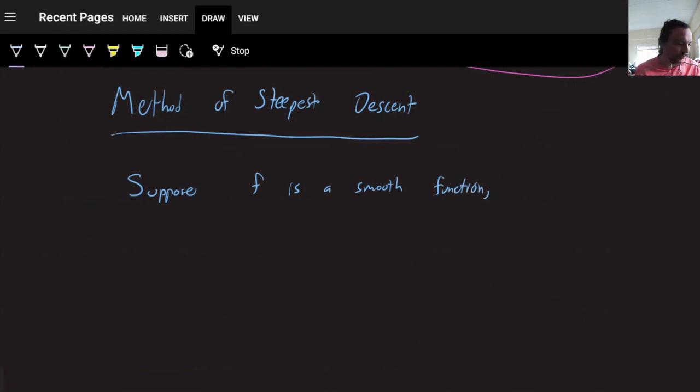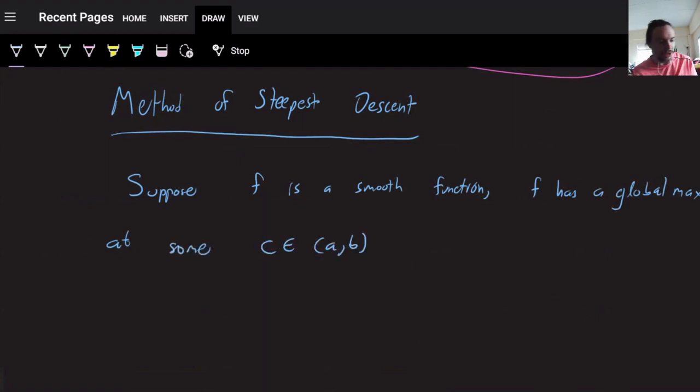So if we have f, some smooth function, with a global max at some c in an interval (a, b), and at that global max, the second derivative is negative.